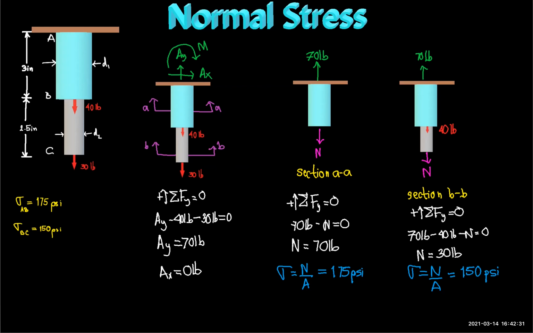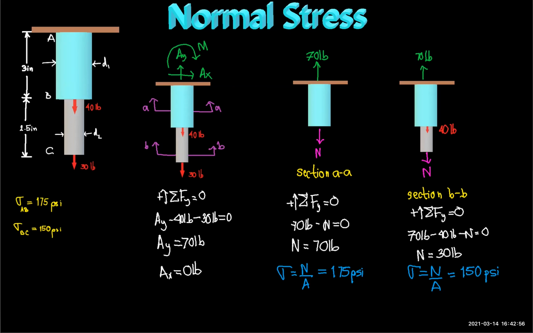In the case of member AB, we have that the maximum allowable stress is 175 psi. And in the case of member BC, we have that the maximum allowable stress is 150 psi.